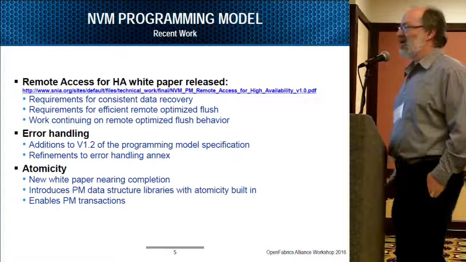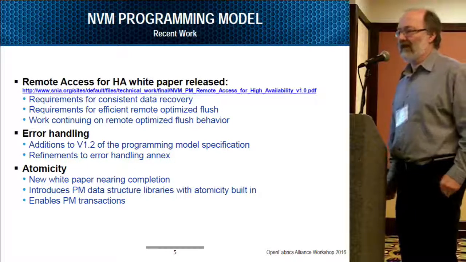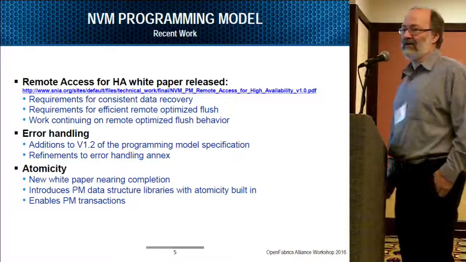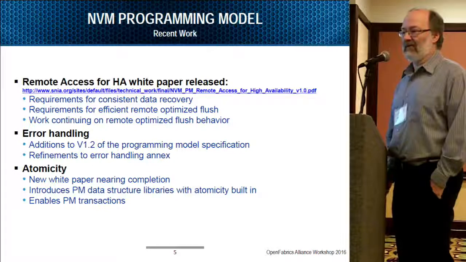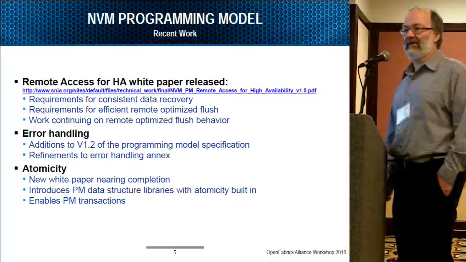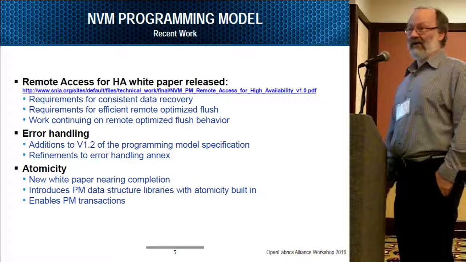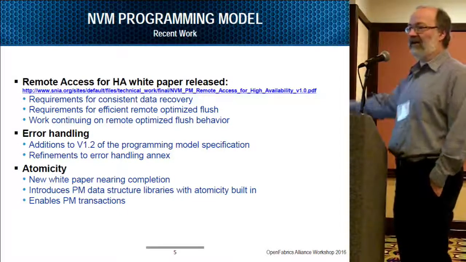We've also been doing work on error handling. I think it was probably in Paul's presentation too. There's a big difference between storage I/O and memory error handling. You get a nice status from storage, but with memory, you get an exception, right? You're executing along, and all of a sudden, if something didn't work in memory, you'll get an exception.